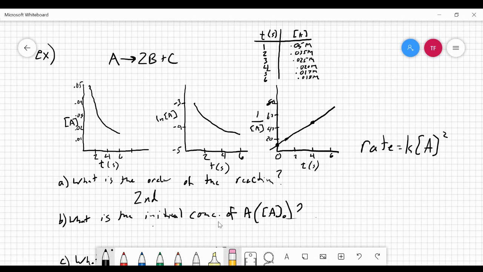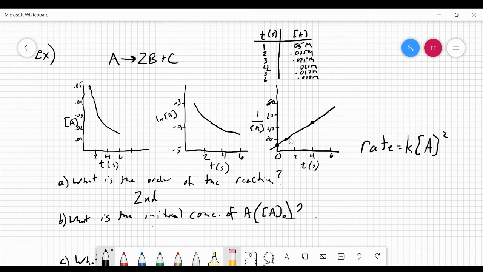So the next question, what is the initial concentration of A? Notice that we do not have the initial concentration in our data. We don't know how much there was initially. But we can solve for this graphically, because if we look at the equation here, we know that this is a line, concentration of A over T, and we can extend it back to time 0 and figure out the concentration.